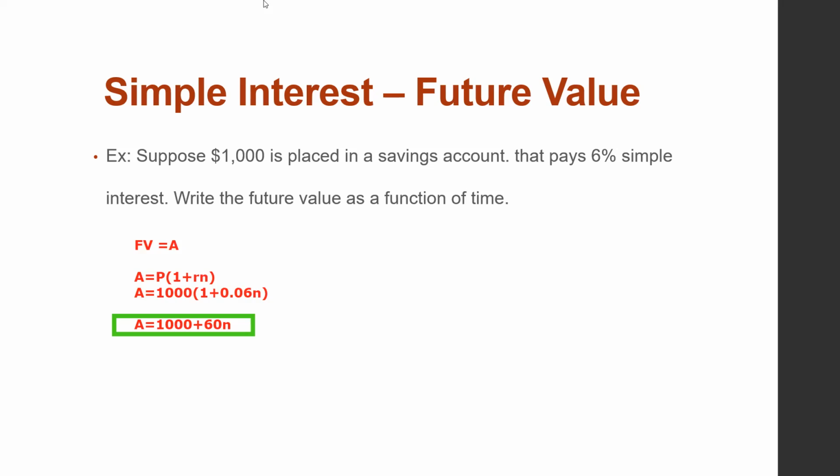It's easy, right? So this same answer can be written in this way as well. Now I'm going to replace A with FB. The same formula, same answer, but only the letters are changing.